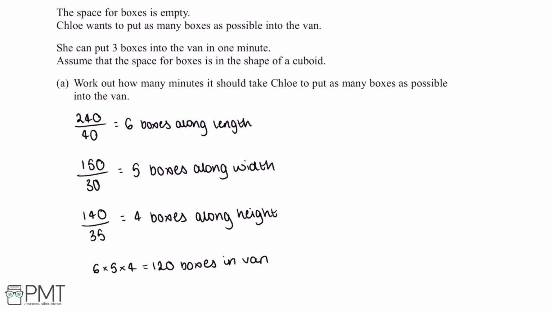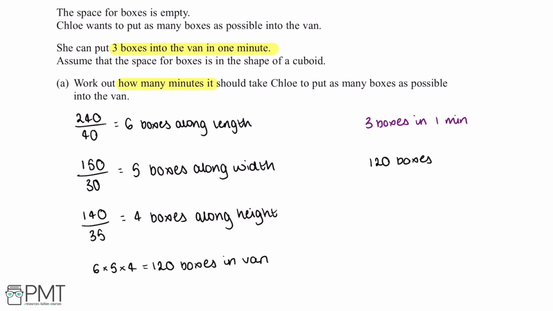The final part of this question is to work out how many minutes it would take Chloe to put the boxes into the van. She can put 3 boxes into the van in 1 minute. However, we have 120 boxes.